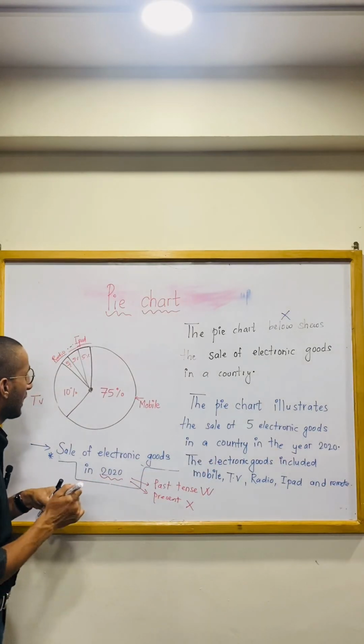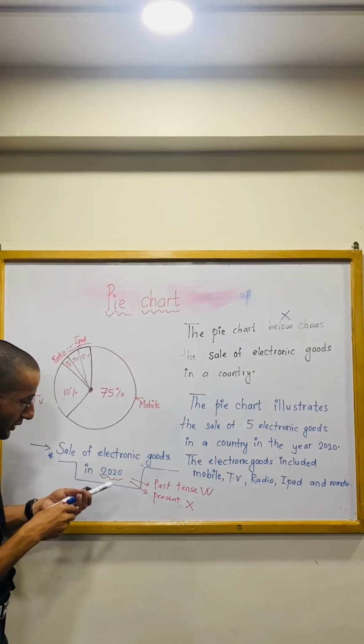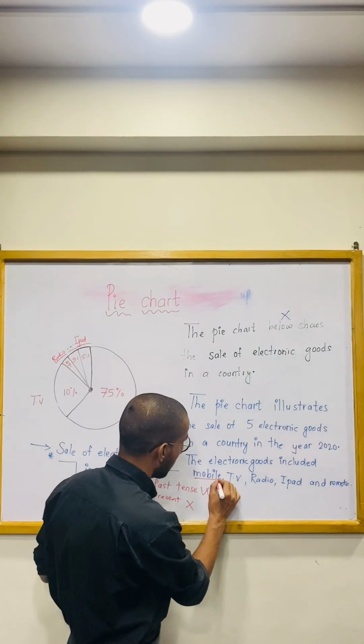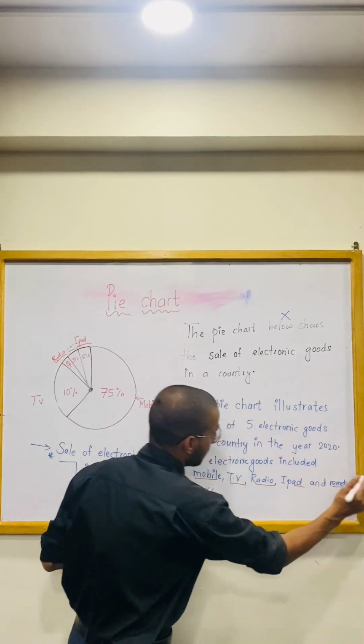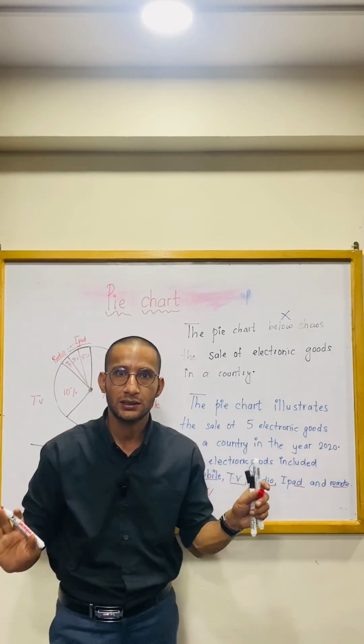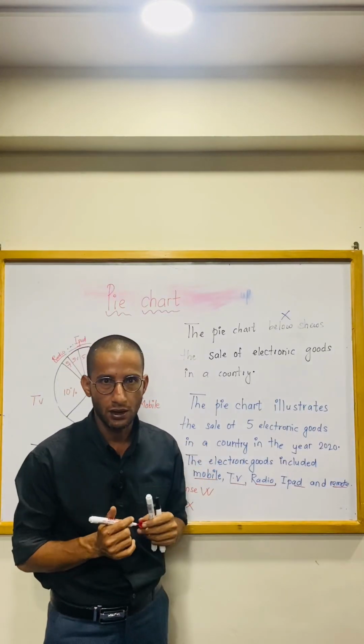Finish. So we included everything in this chart as well. Look at this: mobile, TV, radio, iPad, and remote. Fantastic. That's it. You don't have to make it very complex.